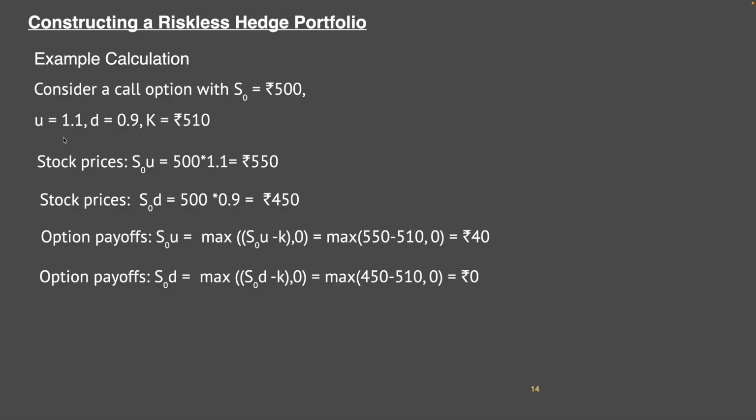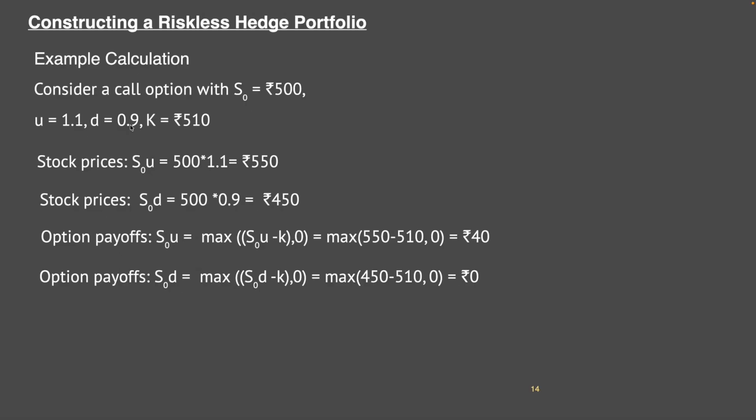Whenever the price of the underlying goes above the strike price in a call option, only then do you make a profit and the option pays off. That is why here, when the stock price is 550, which is greater than the strike price 510, at the end of the contract S0U is greater than K, the strike price of the call option, and hence it gives you a payoff of 40 rupees.